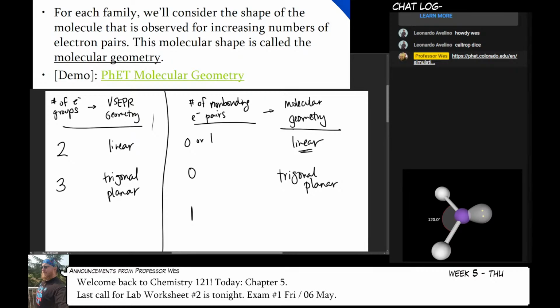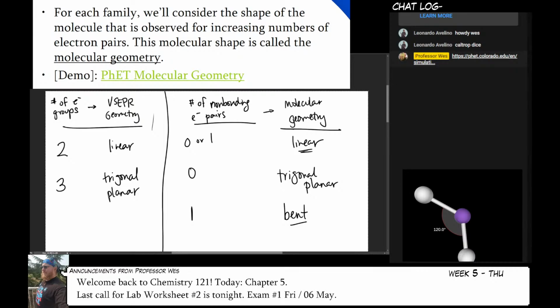Remember, electron pairs are so small that we don't see them. Our shape looks like this. It's not linear anymore. Even though there are only two visible things, the influence of the electron pair is still felt, but we can't see it. We get this sort of bent line, and so we call it bent.